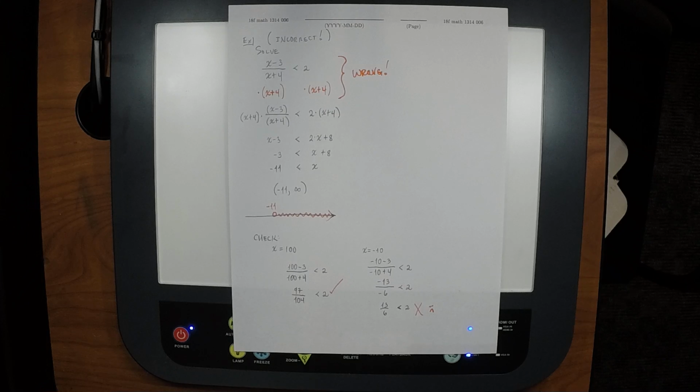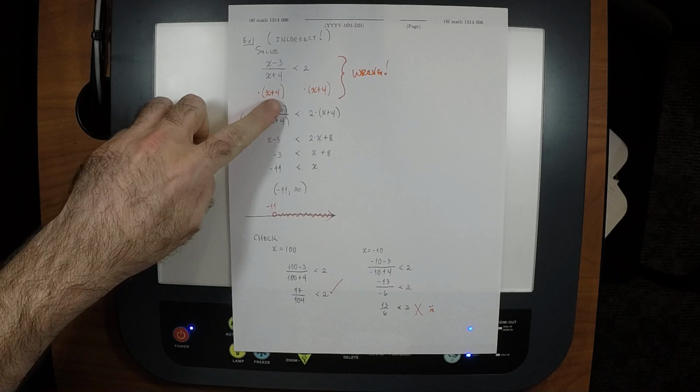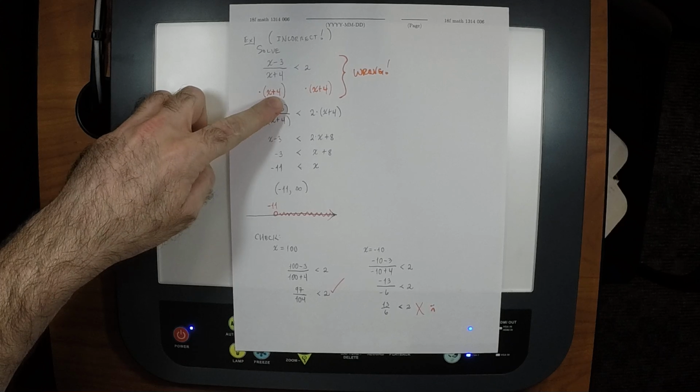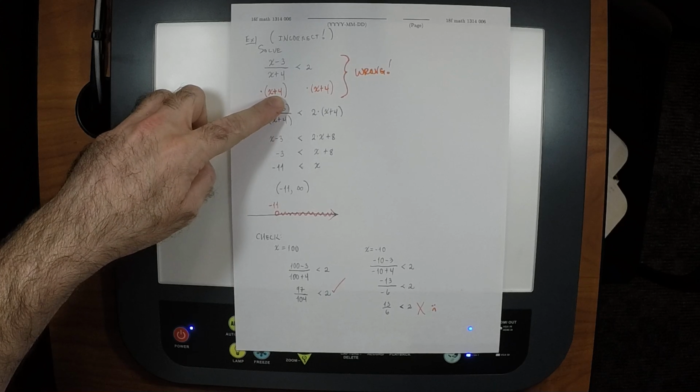But here's the deal: is it permitted for you to multiply both sides of an inequality by a number? Yeah. And if that number happens to be positive, then the direction of the inequality stays. But if it's negative, the direction of the inequality reverses, right? Well, how about x plus 4? What is the sign of x plus 4? Is it negative or is it positive?